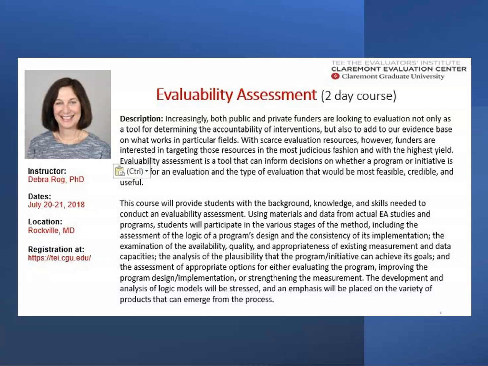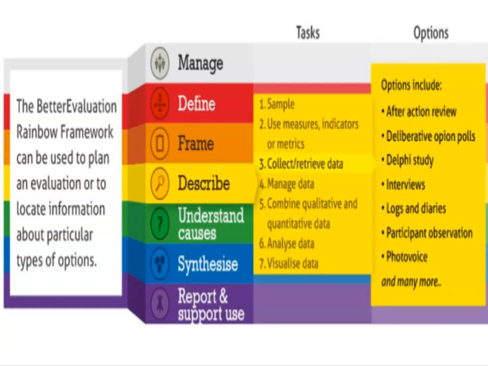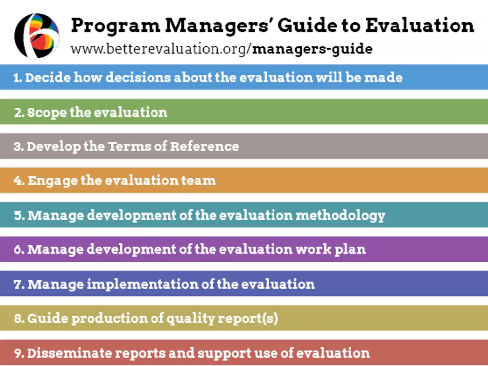Evaluability assessments have been developed to increase the planfulness and intentionality and relevance of evaluations. The Better Evaluation Rainbow Framework provides a framework for planning evaluations, defining what has to be done, framing evaluation, describing, understanding causes, synthesizing and reporting, a framework for engaging in evaluation.